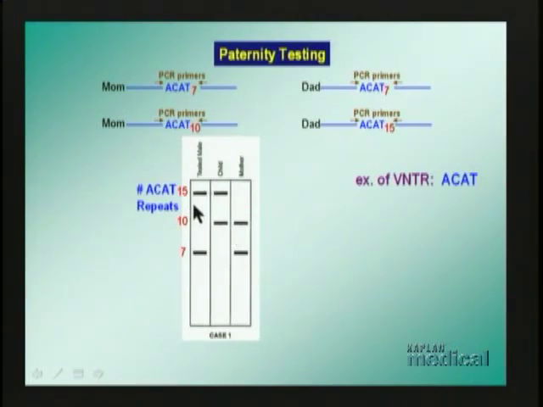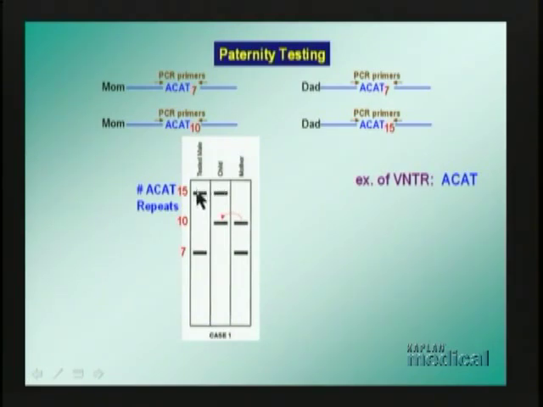Now the way you do these paternity testing Southern blots is look at the child and say which bands of the child came from the mother. So you look at the two bands in the child, which band had to come from the mother? It's this middle band here. It had to come from the mother. Then you look at the other band in the child and say, did the tested male have that band?